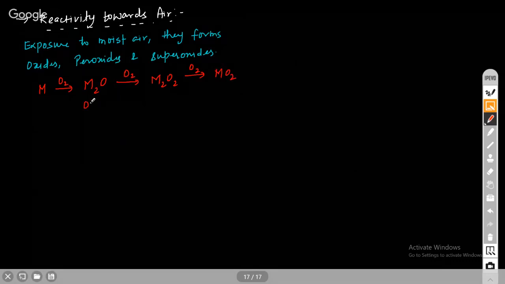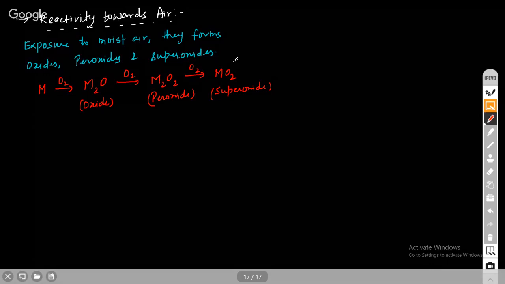So this is oxide, this is peroxide, and this is superoxide. All these three types of oxides form.